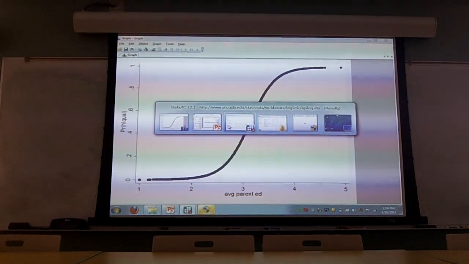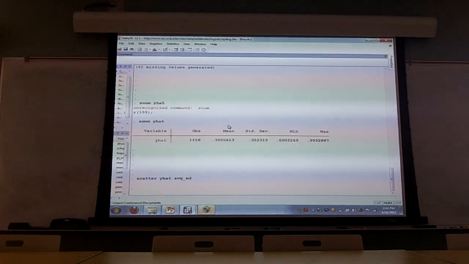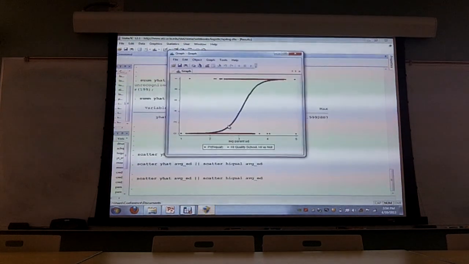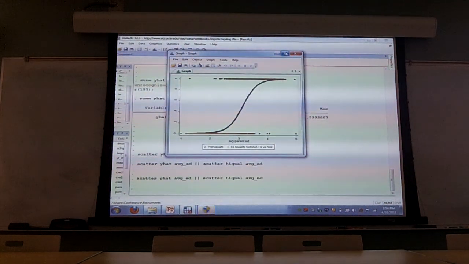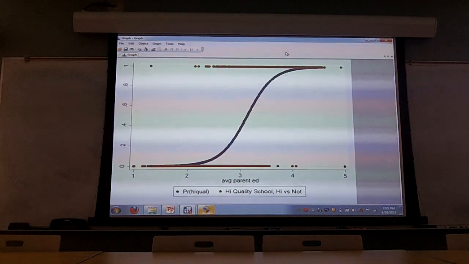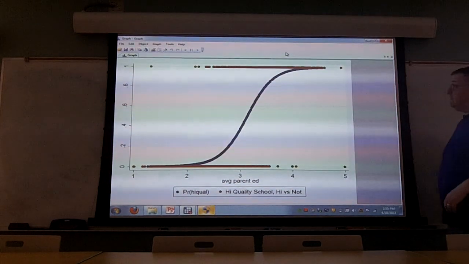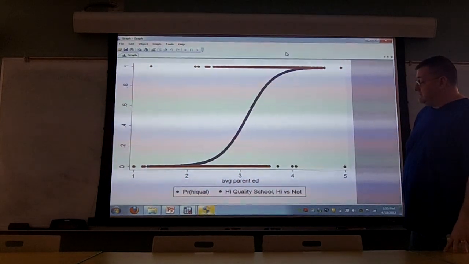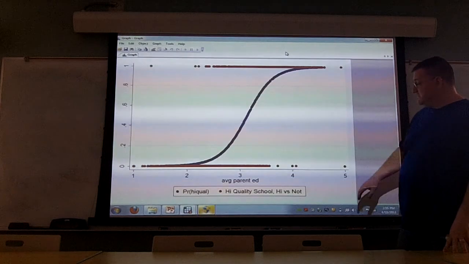So what I want to do is put these two curves together. So this is where we begin to see this separation here. What do we see?